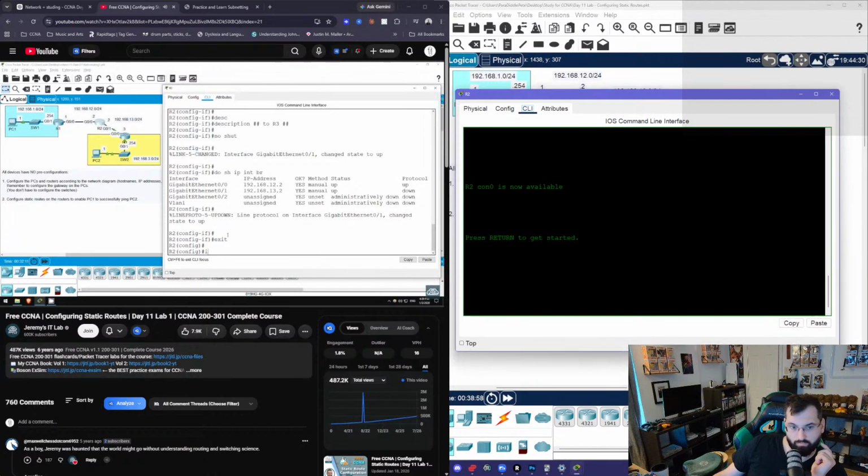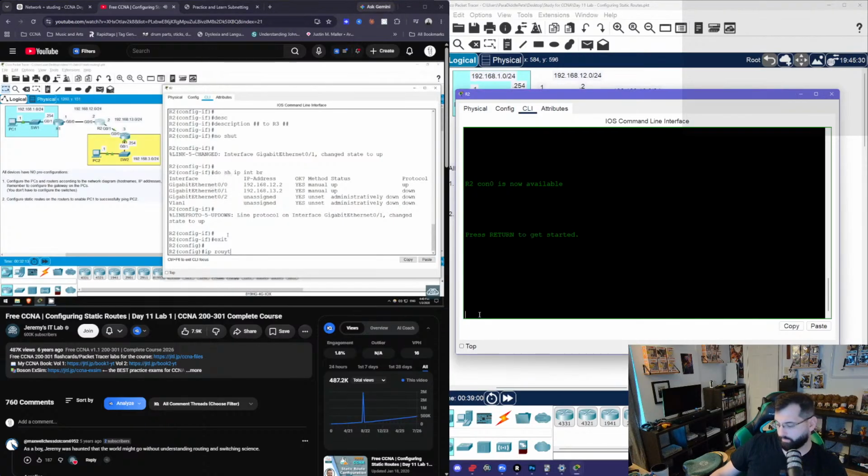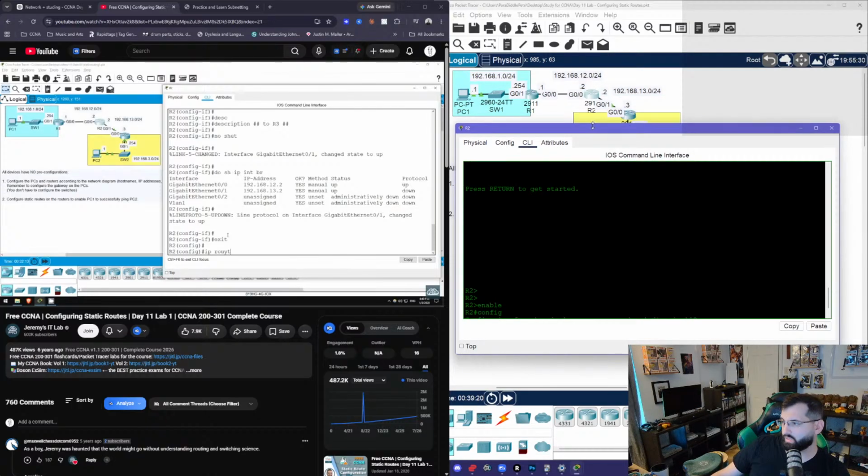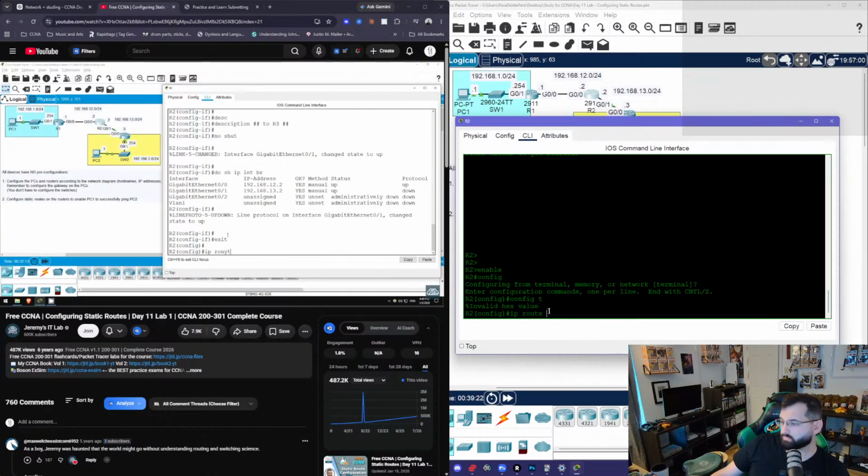Let's configure the route to 192.168.1.0/24. IP route 19... Okay, now hold on. Let's see if I can do this myself. So enable, config t, IP route, and we need 192, because this is our destination.